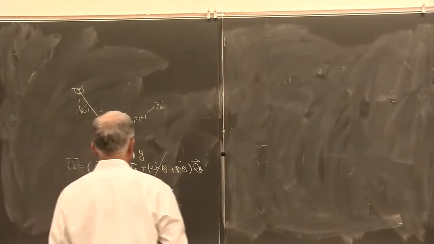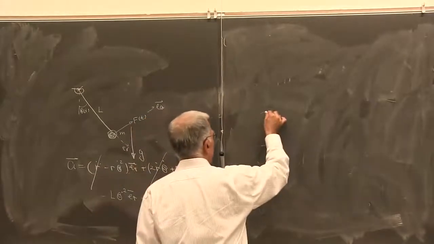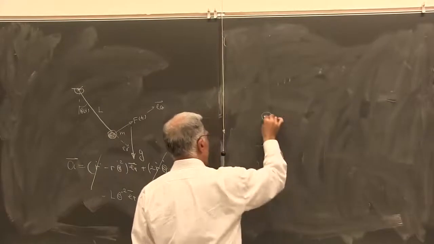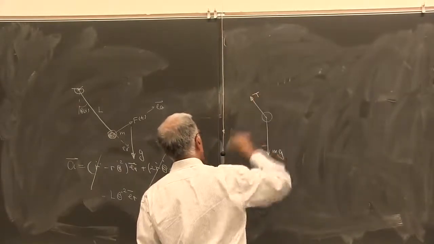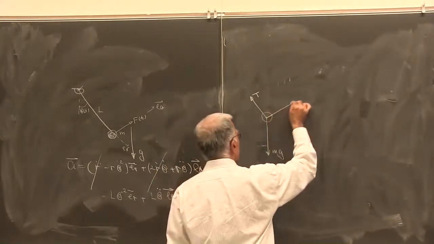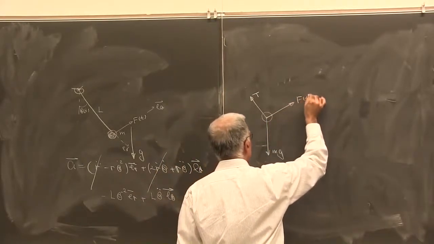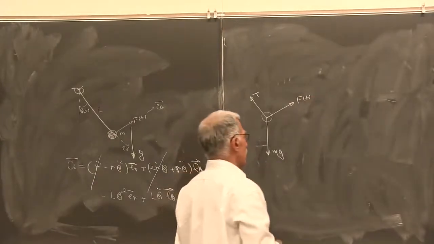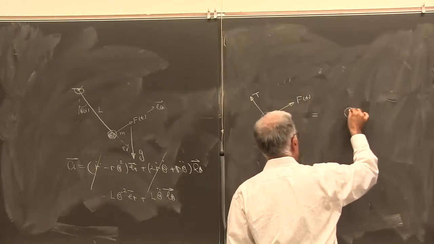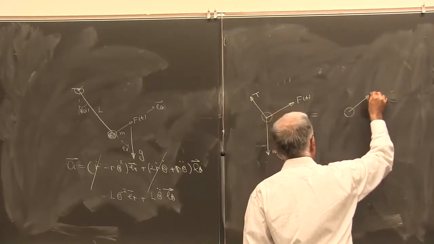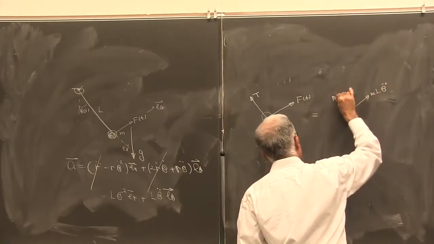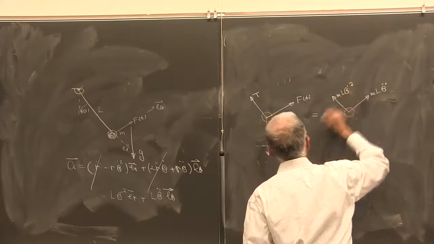So my free body diagram has mg, a tension T that is internal, and a force F of t, which is here. And as a result of all of these, my particle obtains some inertia: mass times L theta double dot and mass times L theta dot squared.